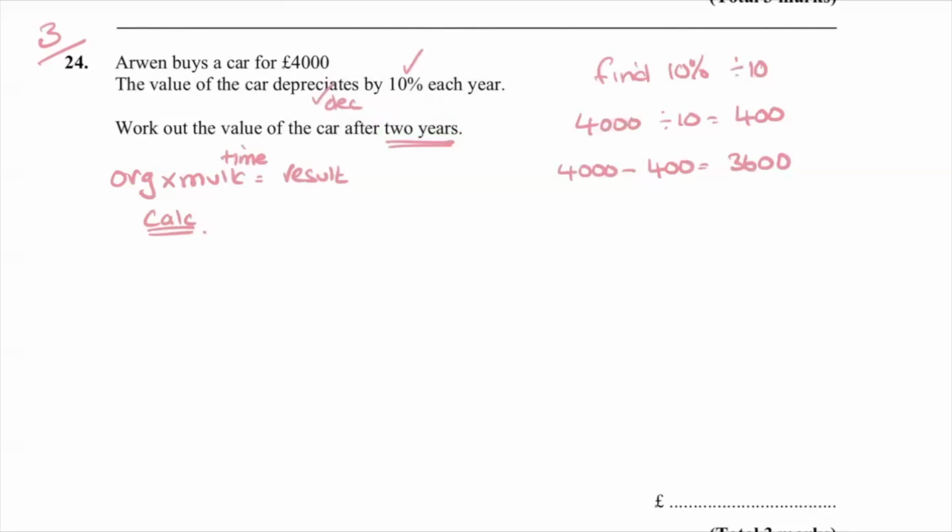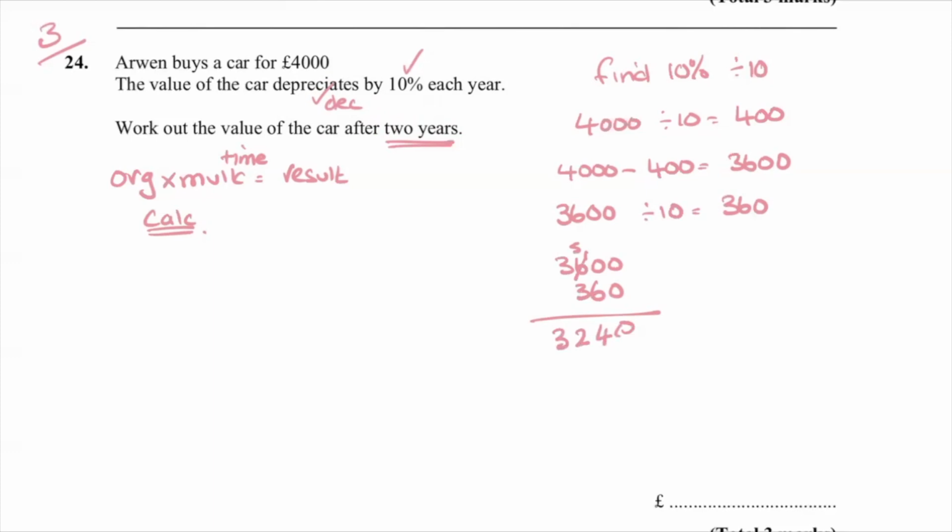However, we don't use 400 again because the value of the car is now 3,600. In the second year, it's going to be 10% of that. So dividing that through by 10, we've got 360, and that's what we're going to take off. So we'll just reduce that, carry that across, gives us 4, 2, and 3.